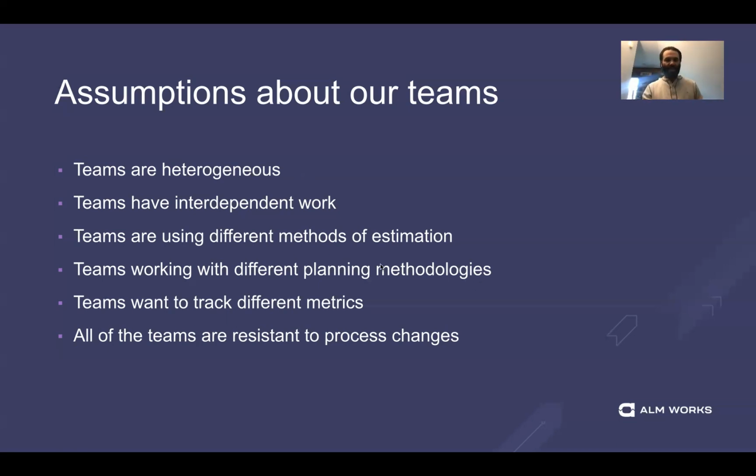And then the other thing that's really important to remember is the teams want to track different metrics. So maybe for one team, going back to a more Scrum example, maybe story points and making sure that they're not overloading their team is the primary. For a Kanban team, maybe those estimations aren't important.